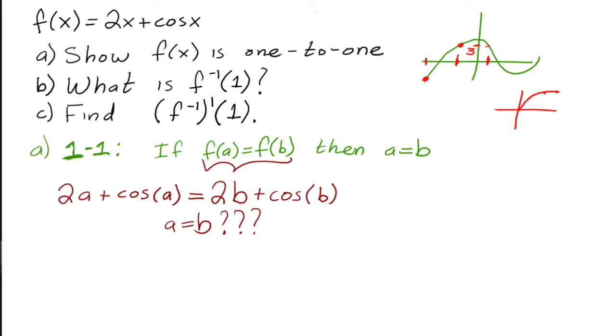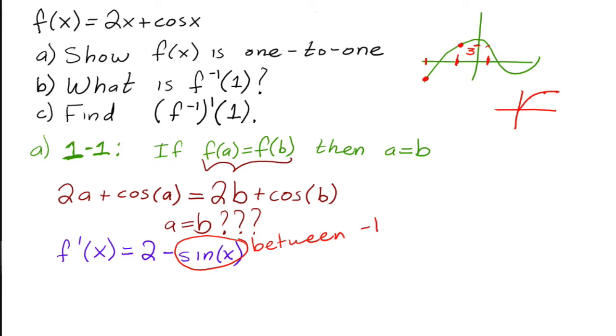Let's find the derivative. The derivative of this function is 2 minus sine of x. Okay, now take a look here. Notice that sine of x is always between -1 and 1.